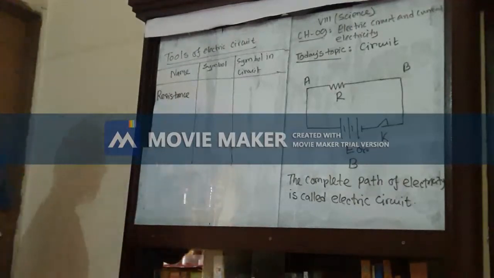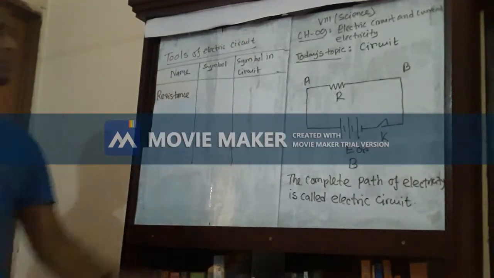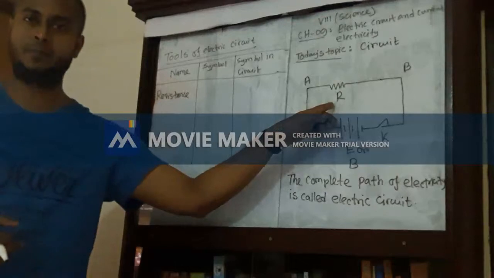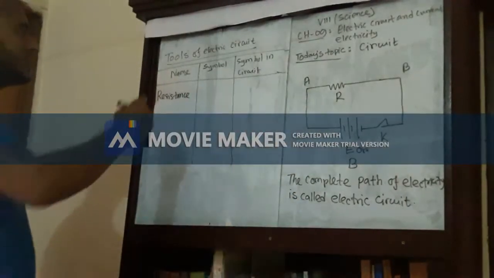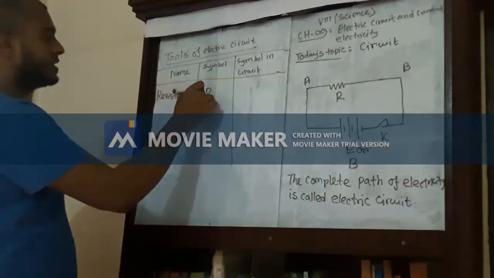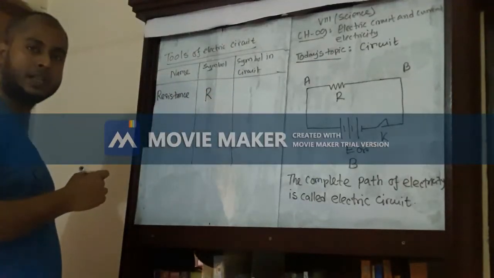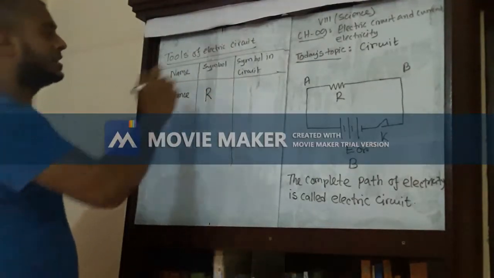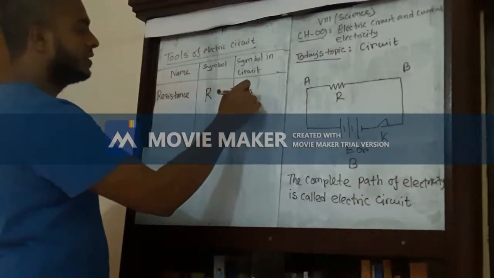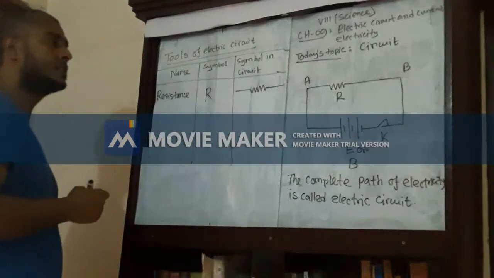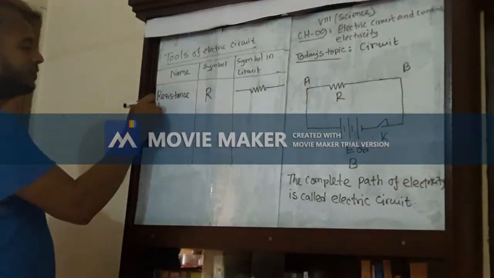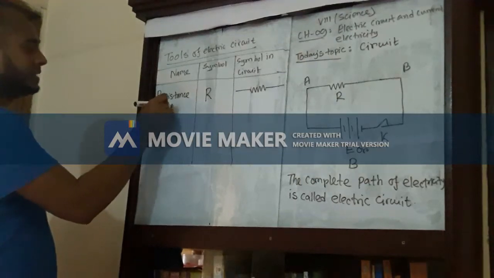Boys and girls, you already know that the symbol of resistance is capital R. So capital R is the symbol of resistance, and this is the symbol in the circuit. This resistance is called fixed resistance.